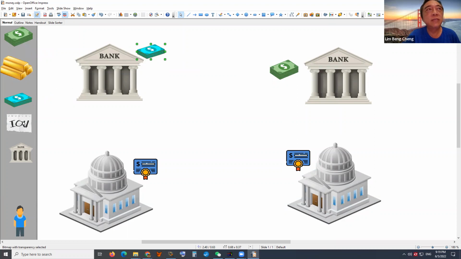So they just issue an IOU. So I owe someone here. So they all have IOUs, and they all have the money.